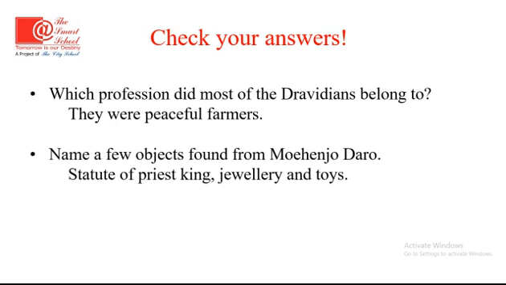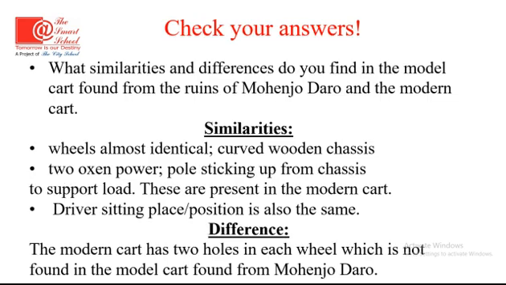Check your answers. Which profession did most of the Dravidians belong to? They were peaceful farmers. Name a few objects found from Mohenjo-daro. Statue of priest king, jewelry and toys. Similarities: wheels almost identical, curved wooden chassis, 2 oxen power, pole sticking up from chassis to support load.